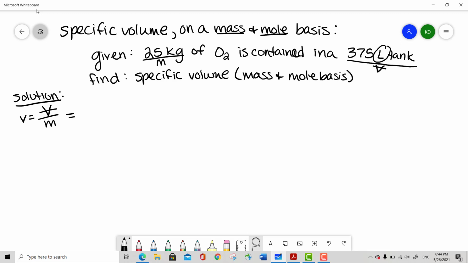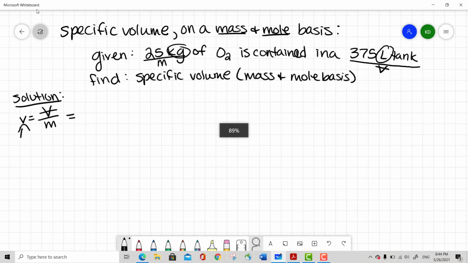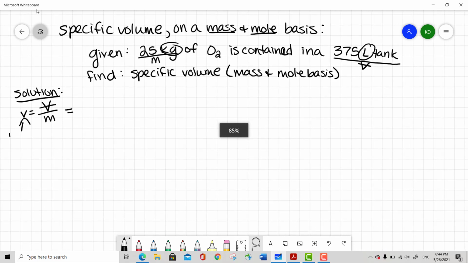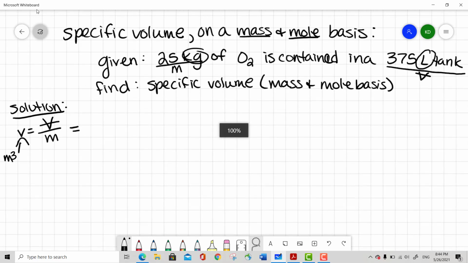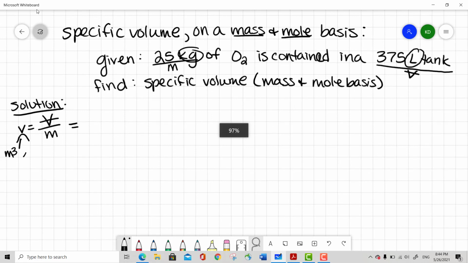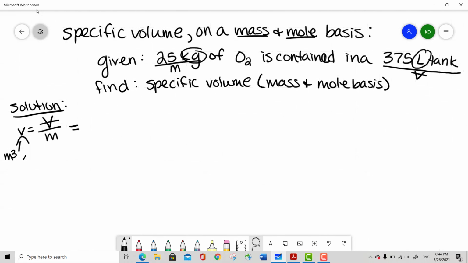So we've got liters here, and we've got kilograms here. And this, we know, needs to be in meters cubed over kilograms. Okay, so this is good. Our denominator's in the right unit, so we just need to get this to meters cubed.